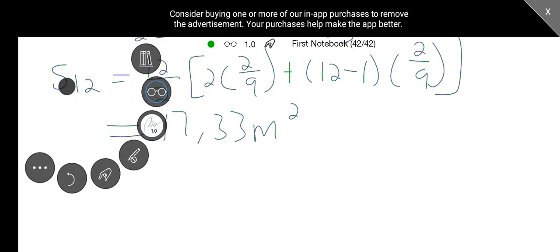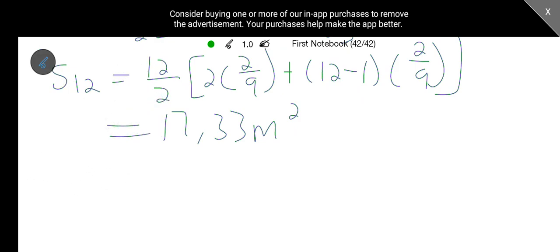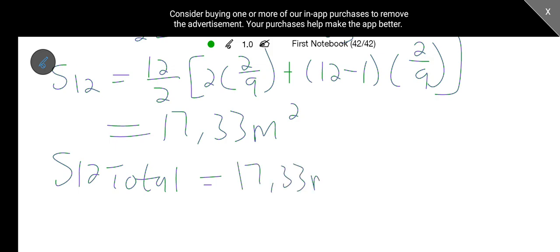But because we have the same things on the left side, we're going to say that therefore S12 total is equal to 17,33 squared meters on the right plus 17,33 squared meters on the left. You can also multiply it by 2.